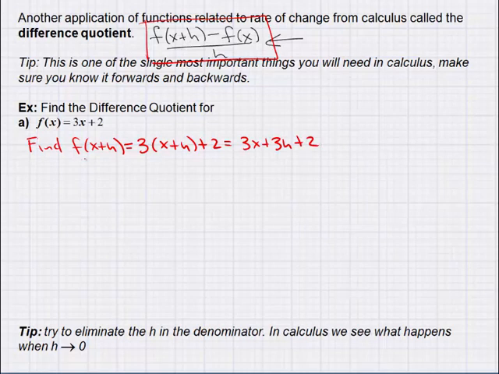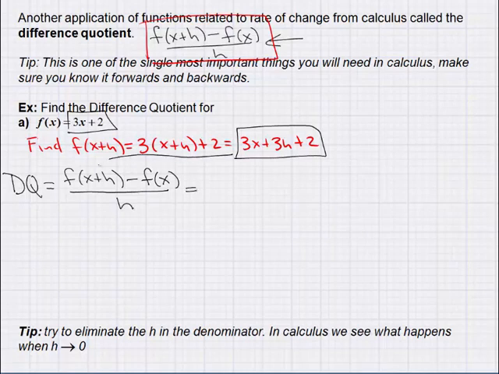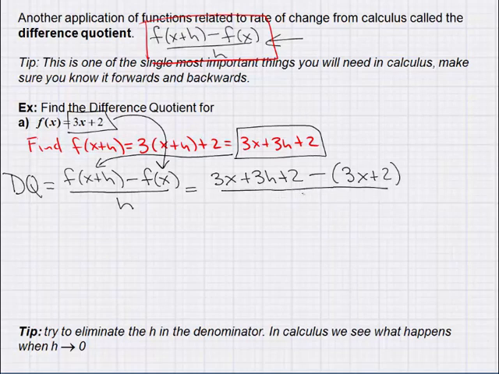So I have f of x plus h is this, f of x is this, and now I'm going to plug this into my difference quotient. So my difference quotient is f of x plus h minus f of x all over h. So if I plug this in here, I plug this in here, what do I have? I have 3x plus 3h plus 2 minus 3x plus 2 all over h.